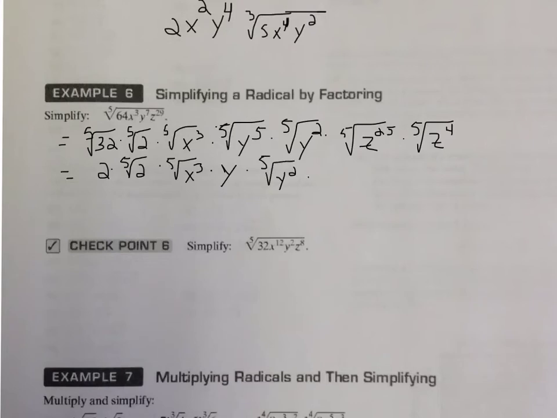The fifth root of z to the 25th, we're going to take the 25 and divide by 5 and get 5, so that's going to be z to the 5th times the fifth root of z to the 4th. So again, just like in our cube root and our square root, anything that we took the fifth root of, we're going to put in front. So that's our 2, our y, and our z to the 5th.